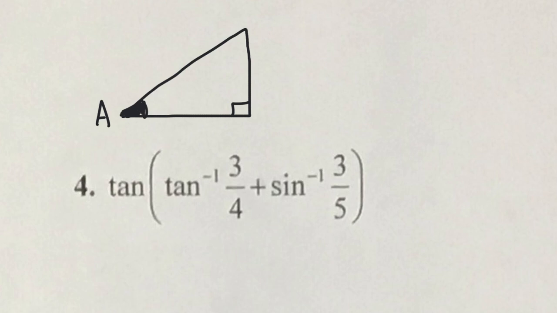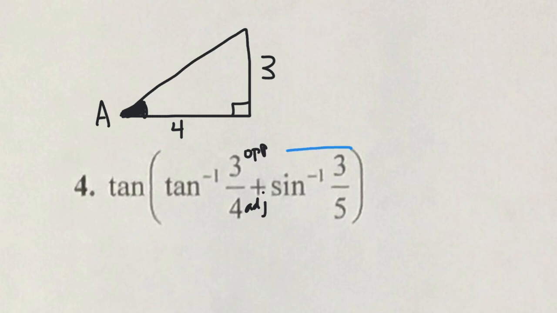The tangent is a ratio of the opposite side to the adjacent side, which means our opposite side is going to be 3. That's your vertical side, and your adjacent side is going to be 4. This is the triangle where we have a tangent of 3/4.